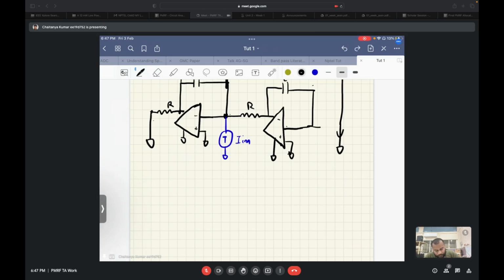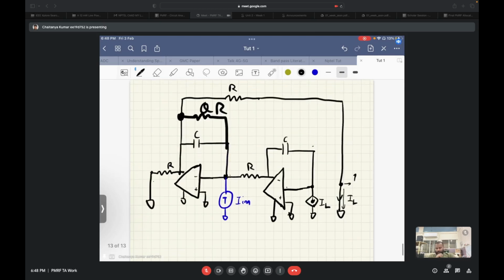Earlier, if we try to increase the voltage of this node VL, the voltage of this node will decrease. A similar effect we need to have in the adjoint case also. So if we try to increase the voltage at this node, IL will increase and this node has to decrease. To decrease, it should take the current out of this node. So this will be equal to IL. So we have drawn the adjoint network of this.